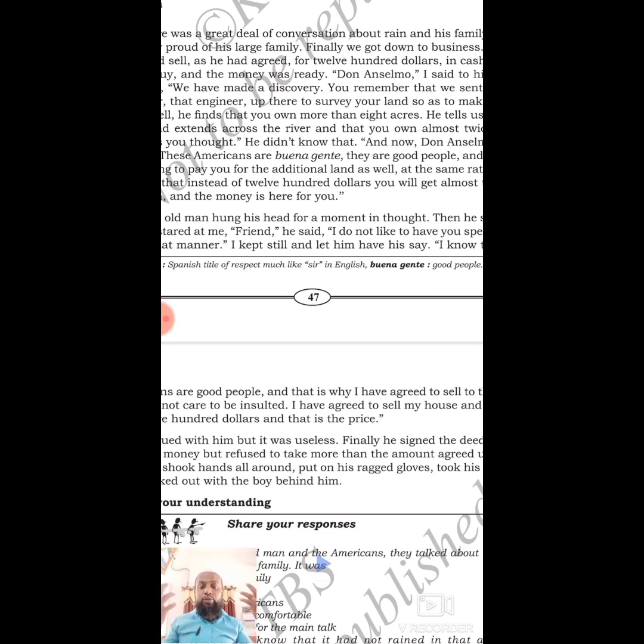He removed all the coat, gloves and hat and handed them over to the boy standing behind his chair. Now they started the conversation. Just before it, they asked about the family. What about the rain?